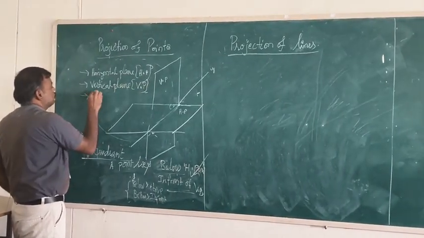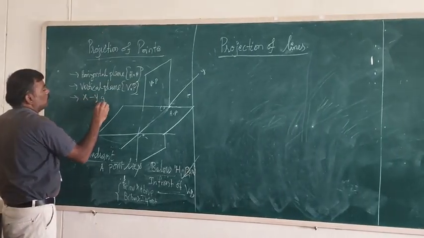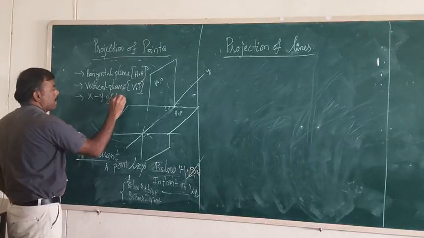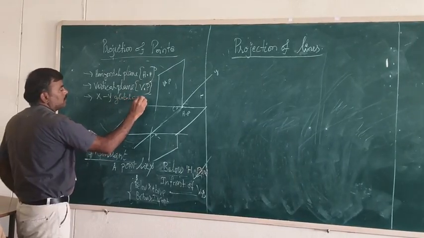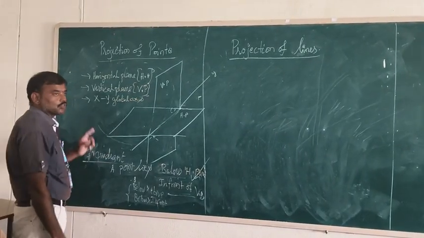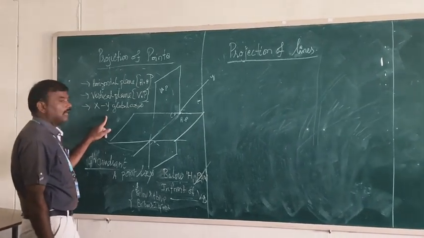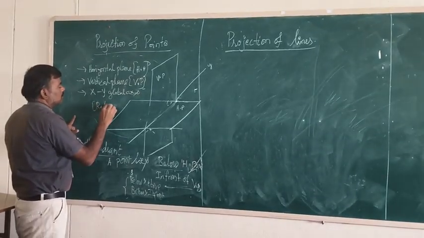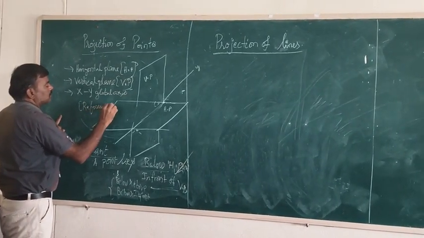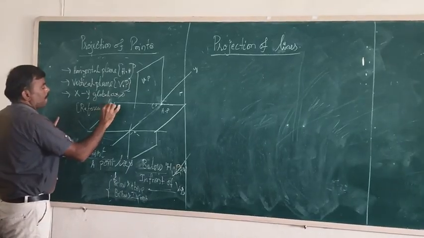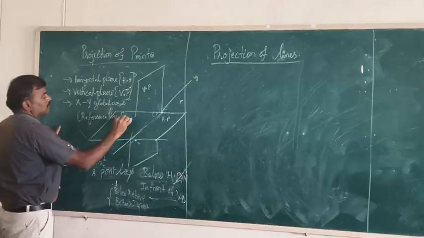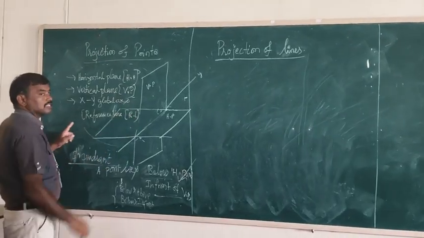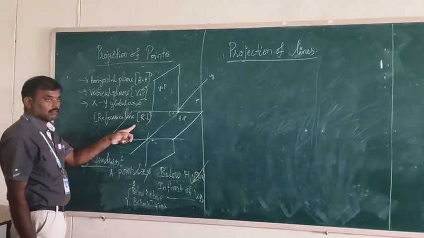Next, XY, the global axis. In examinations, for tricky questions, people usually call it the global axis, or directly we call it the reference line, in bracket RL. This is also known as the reduced line.